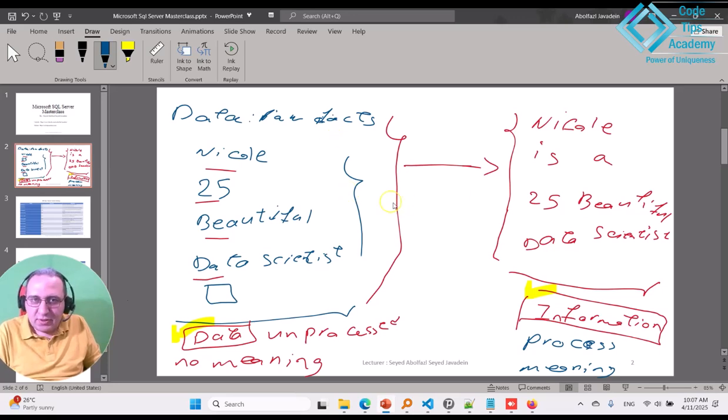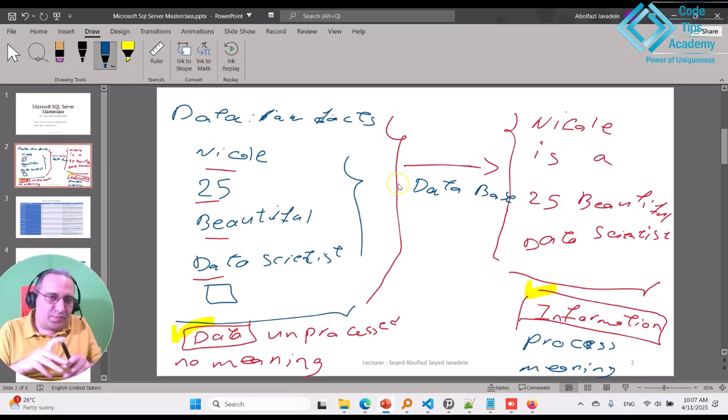This can be done with the use of a database. This is another concept that I define. We use a database to get meaning from unprocessed pieces of data and extract information from that. Very easy concept.